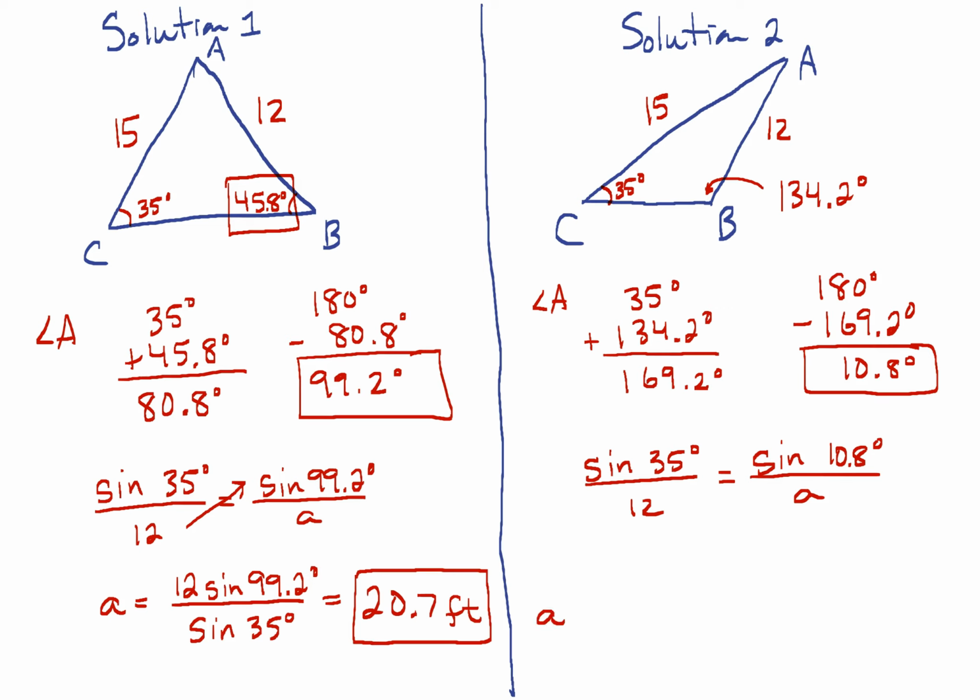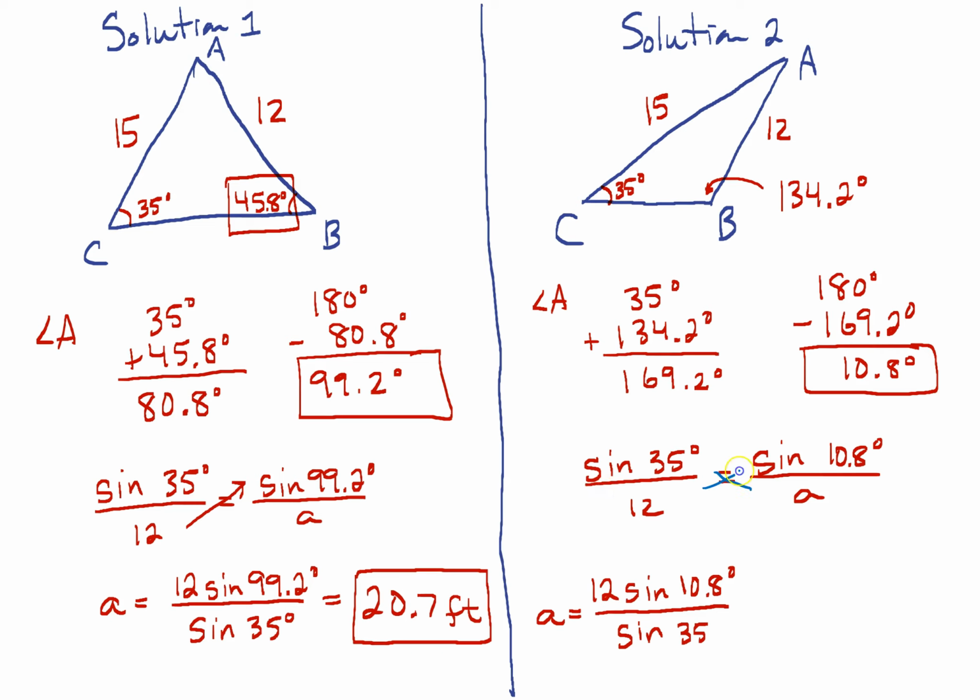All right, again, multiply both sides by a, and then divide through by sine of 35. Technically, you're just cross multiplying, and then dividing by sine of 35. If you sort of want to see how that happens, let me show you real quick.